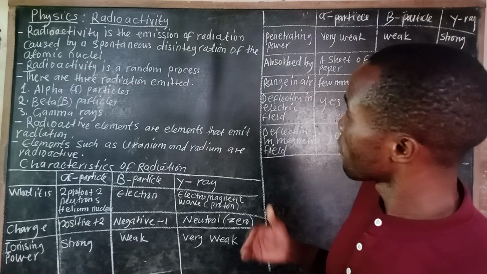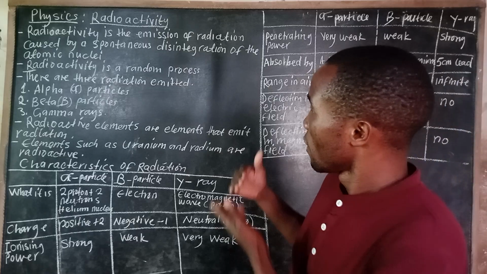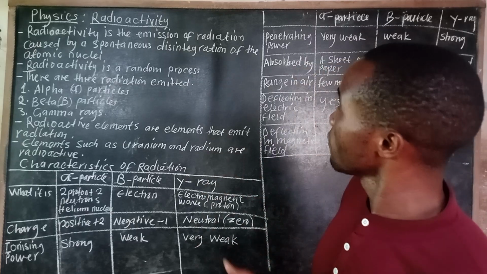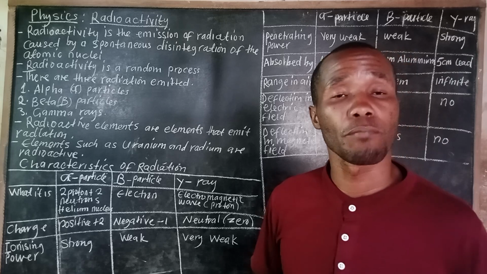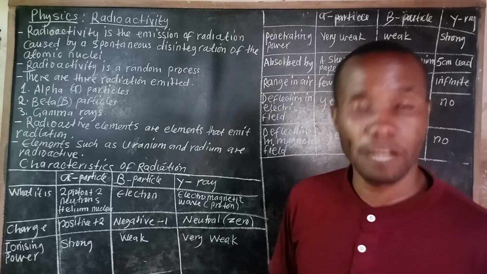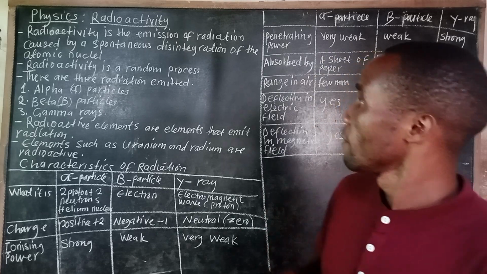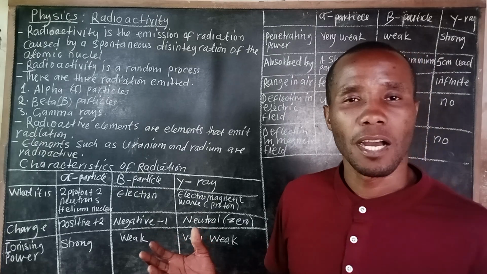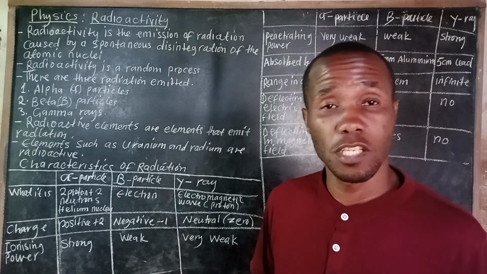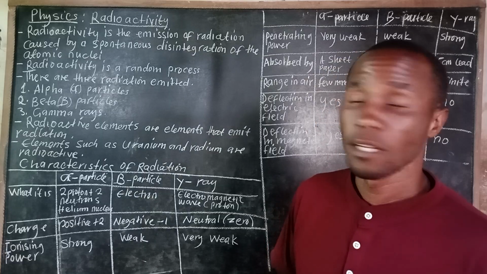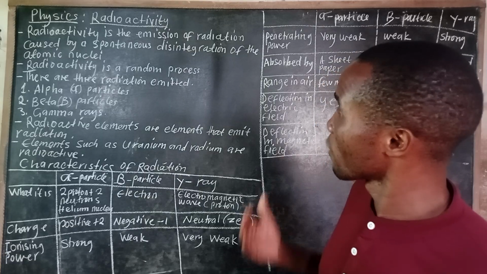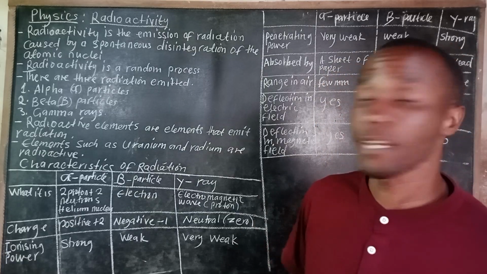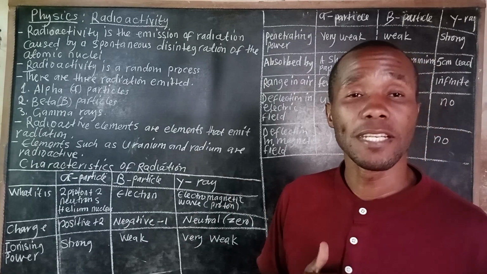Now from there we can look at the next point. Radioactivity is a random process. When we say random process, I mean it is a process which is occurring without considering anything. That is a random process. Then there are three radiations emitted.